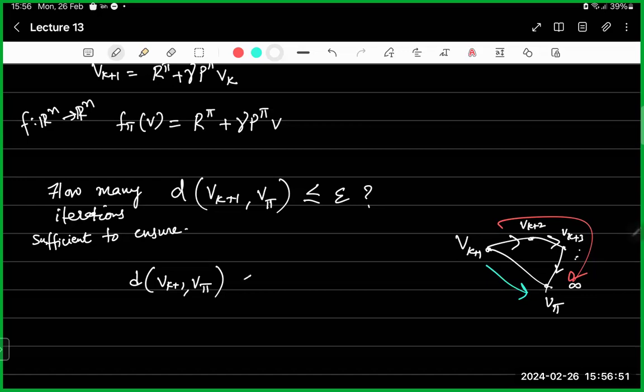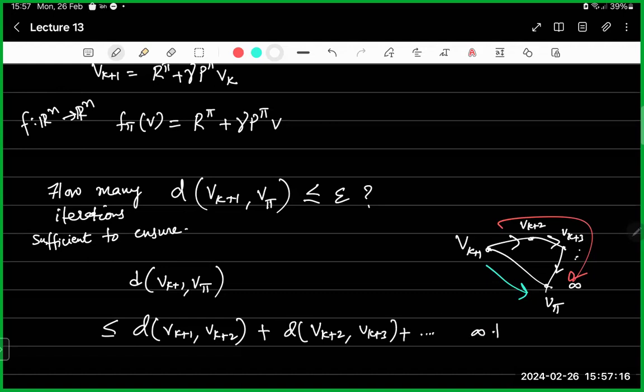Now this distance, due to triangle inequality, will be less than or equal to the distance between v k plus 1 comma v k plus 2, plus the distance between v k plus 2 comma v k plus 3, plus so on, right?